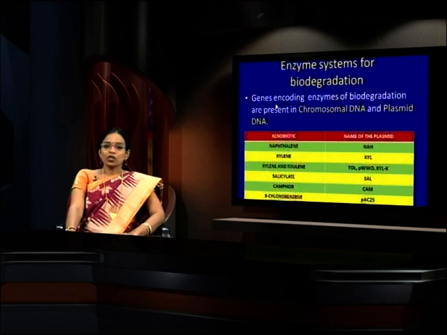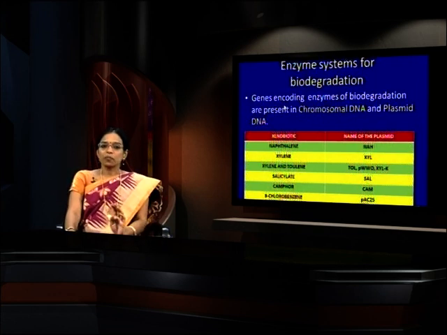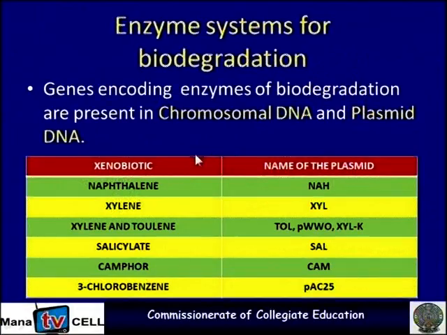Generally we know that genes encoding enzymes of biodegradation are present in both chromosomal DNA and plasmid DNA. Here we have listed some xenobiotic compounds and the name of the plasmid on which the enzyme system is working. This is only on Pseudomonas, the major microorganism which helps in biodegradation or bioremediation. If you see here, the xenobiotic is naphthalene.